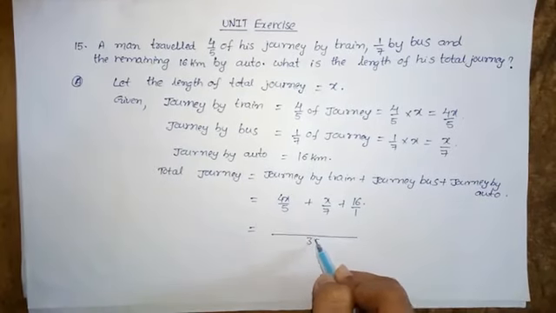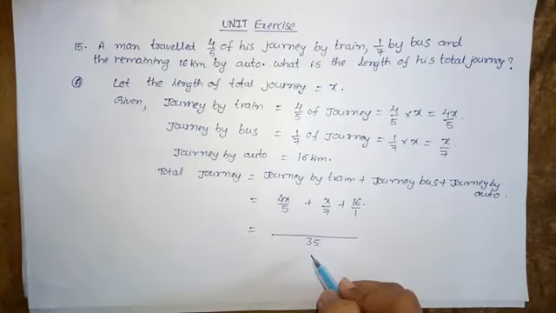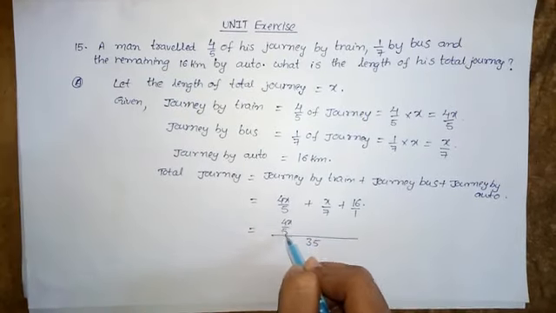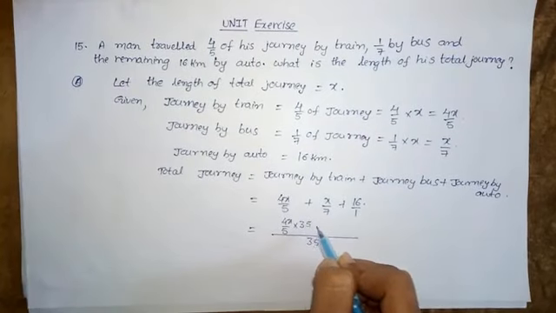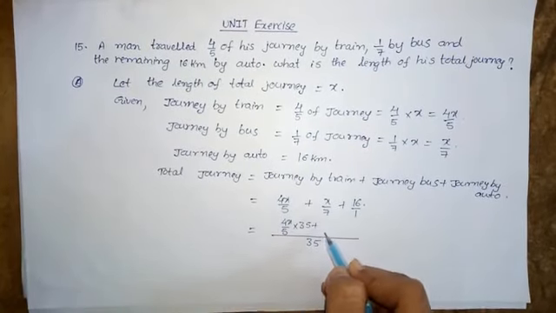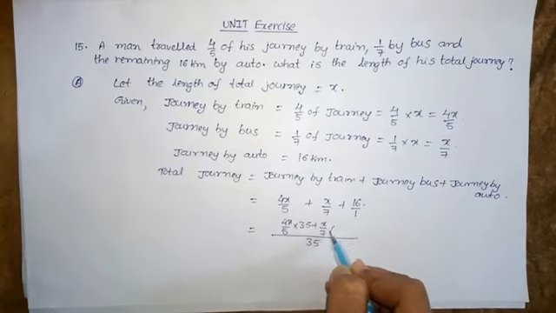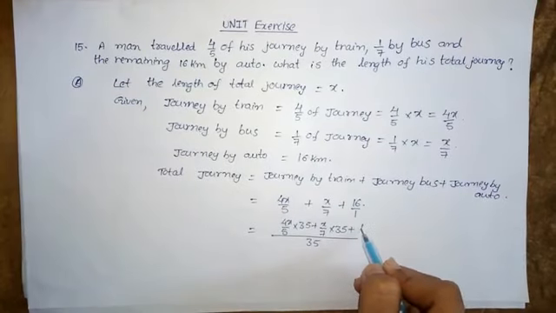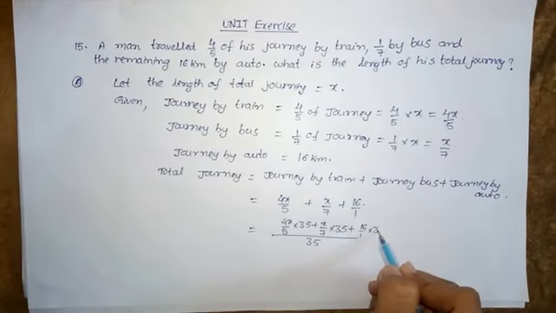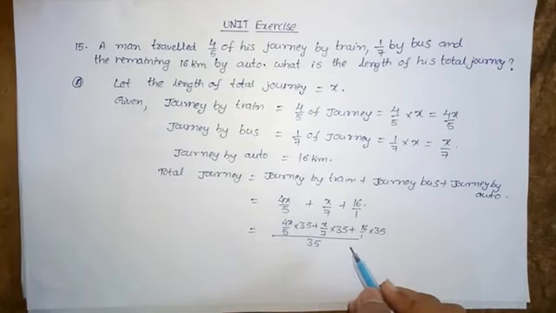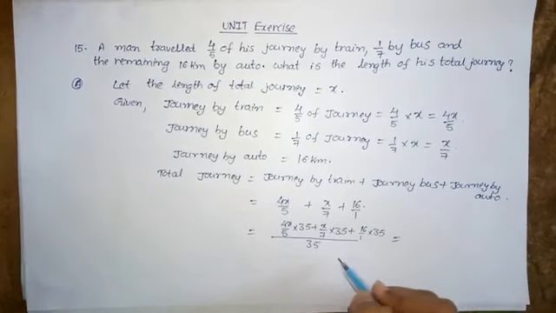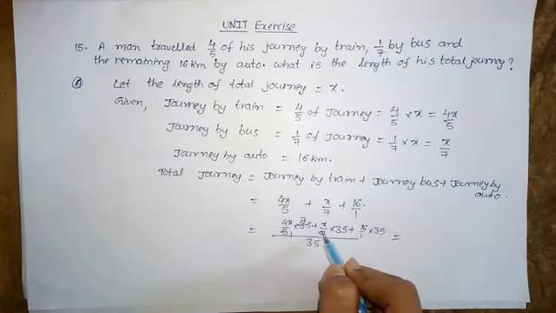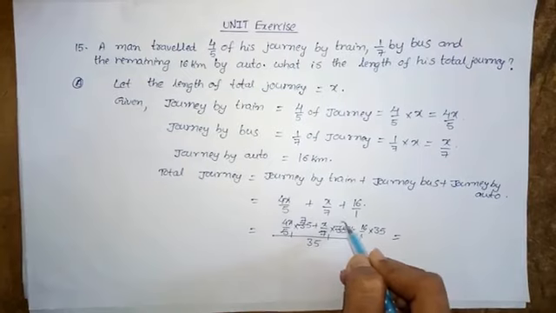Now multiply the first fraction by the LCM: 4x by 5 into 35, plus multiply the second fraction by the LCM: x by 7 into 35, plus the third fraction by the LCM: 16 by 1 into 35. 5 ones are 5, 5 sevens are 35, 7 ones are 7, 7 fives are 35.